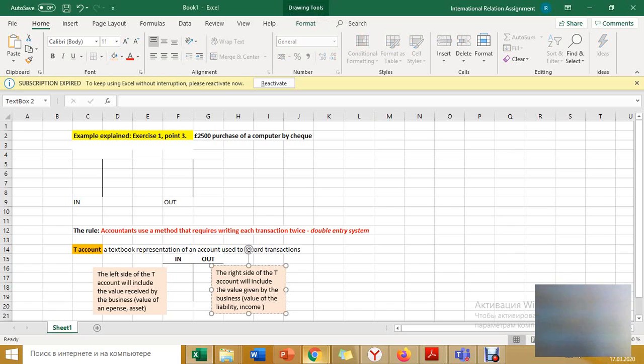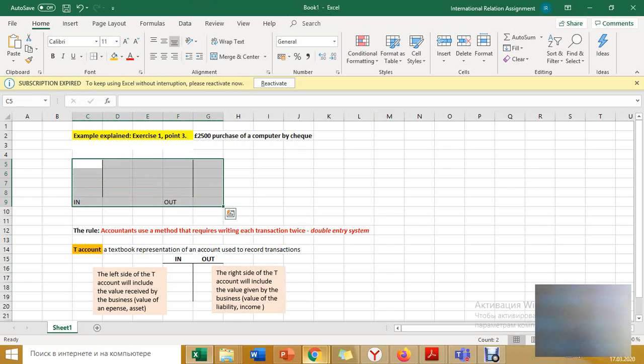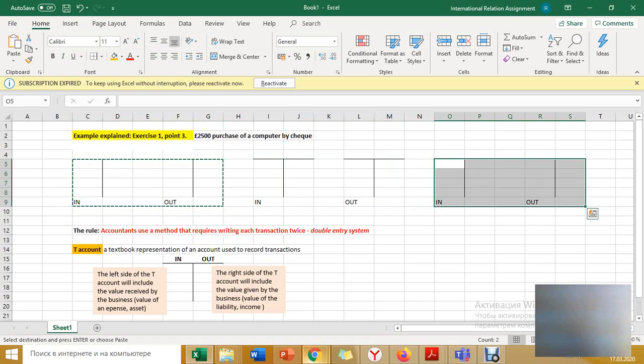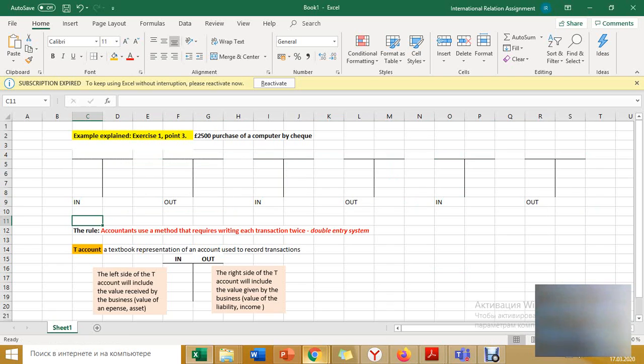Okay, now we have three examples of transactions, right? I wanted to work only with one, but I'm going to work with three of them. So in your case, you're going to take a piece of paper, draw two T's, and one of them is going to include the in transactions, and the other one the out transactions, right?